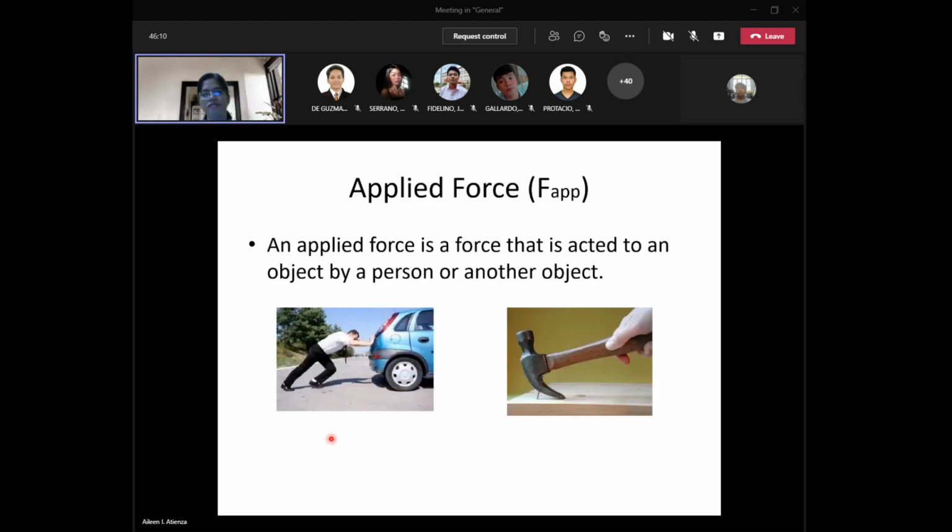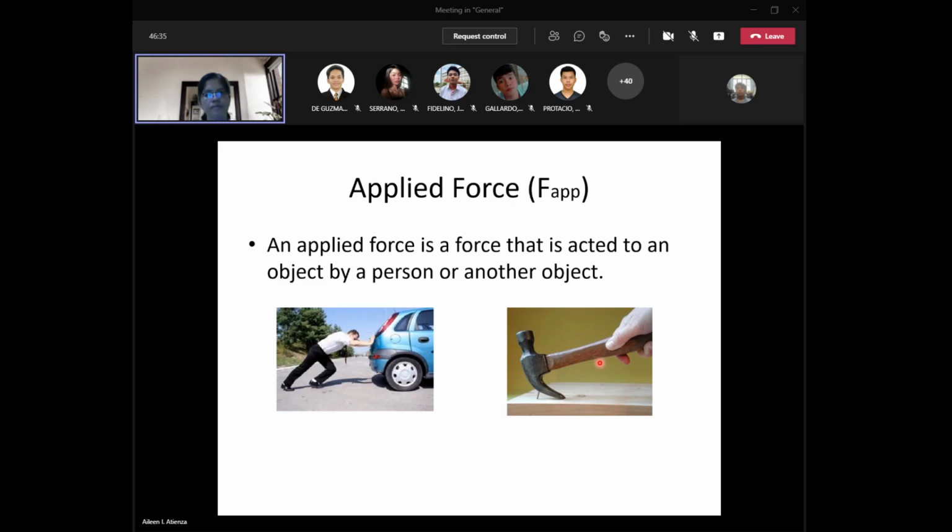So the first one is the applied force. So when we have the applied force, this is a force that is acted on an object by a person or another object. For example, you're pushing a car, okay? Or you're pulling, for example, a certain nail using the hammer.